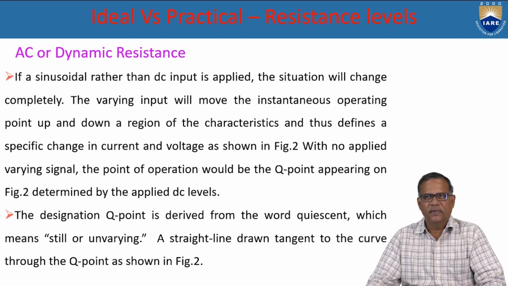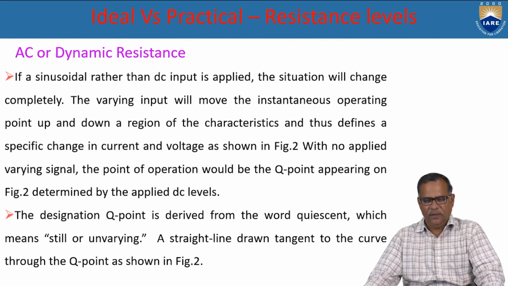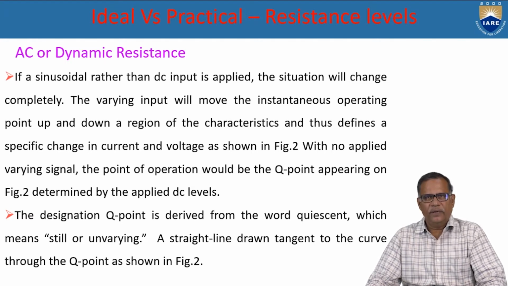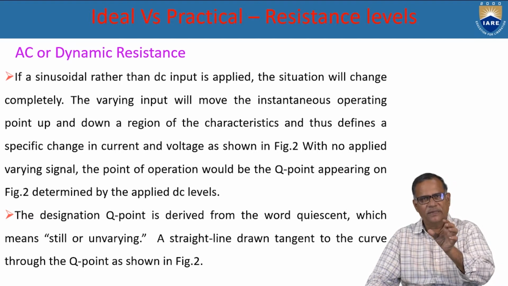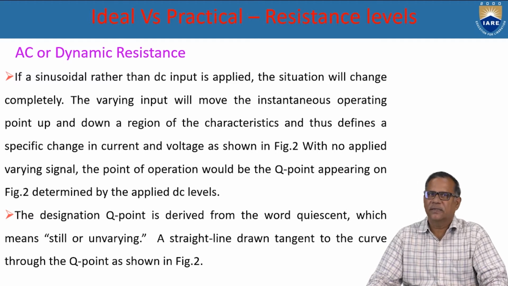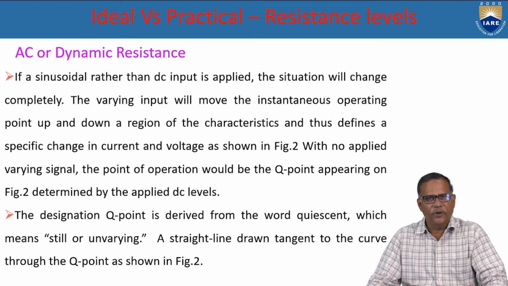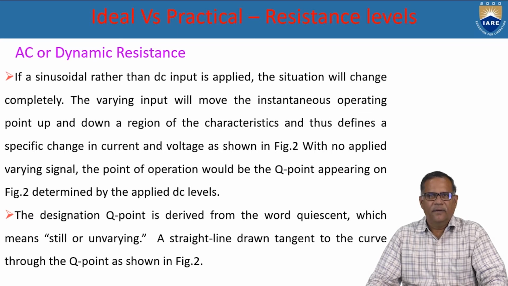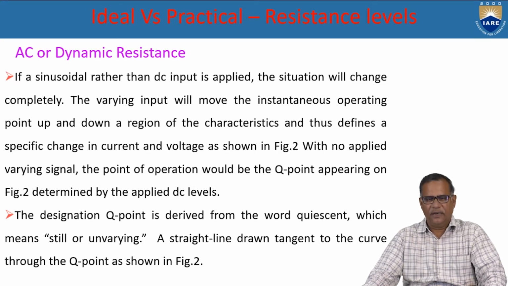So that is called AC or dynamic resistance. We assume that when AC signal is applied, already there is going to be a fixed DC voltage, a fixed operating point, and around that operating point, the AC voltage variation is going to be there, resulting in sinusoidal variation of the current. So this is going to cause the variation of resistance, and this varying resistance is called AC or dynamic resistance.